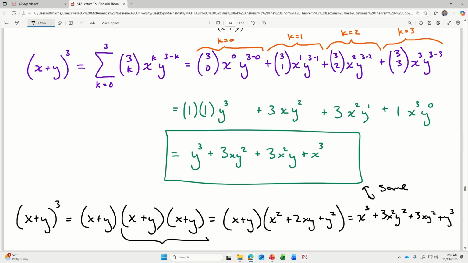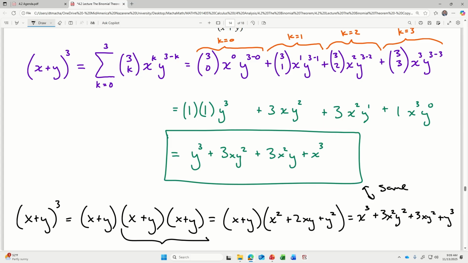Because, and hopefully I can convince you of this, when I say 3 choose 0, what I'm talking about is, I've got 3 appearances of the variable x, and I'm not going to choose any of them.